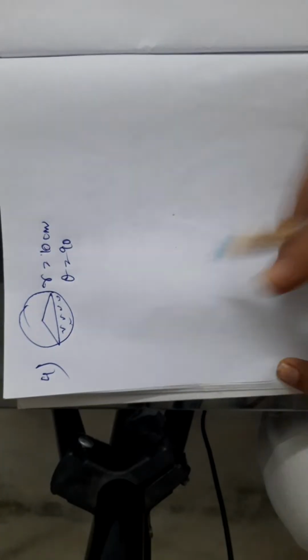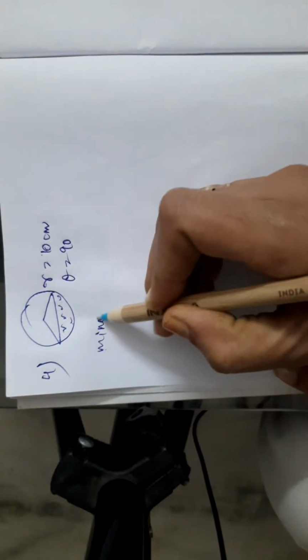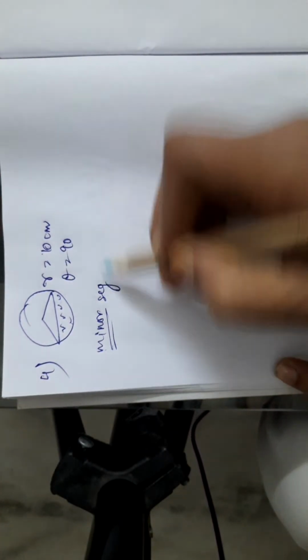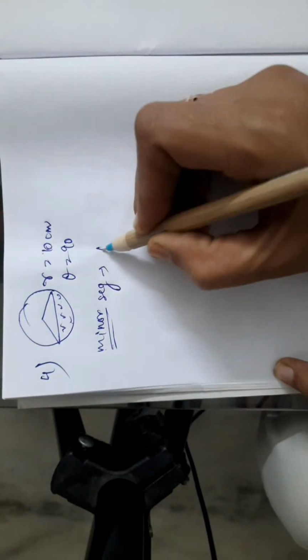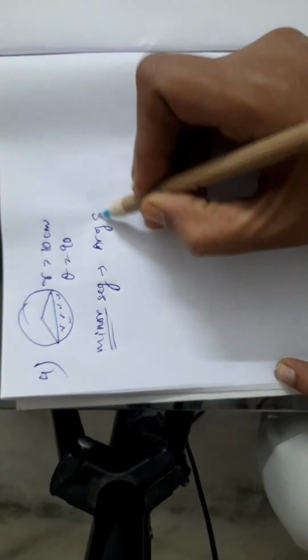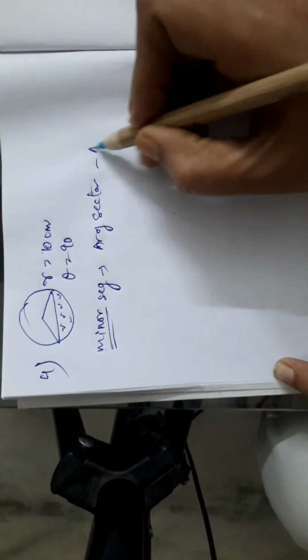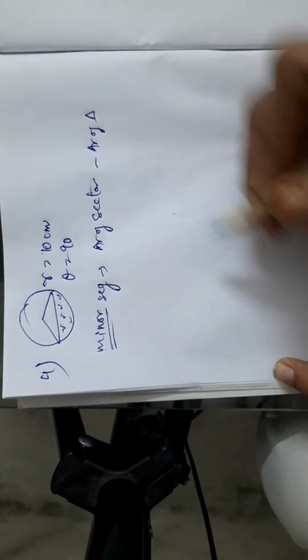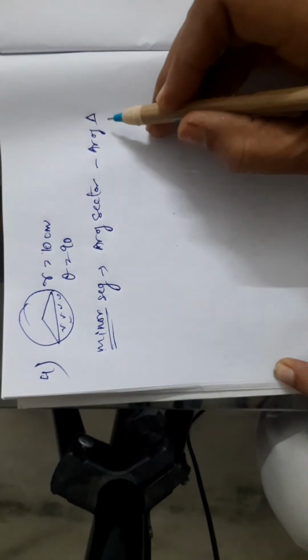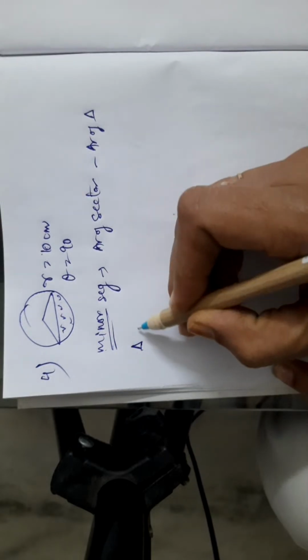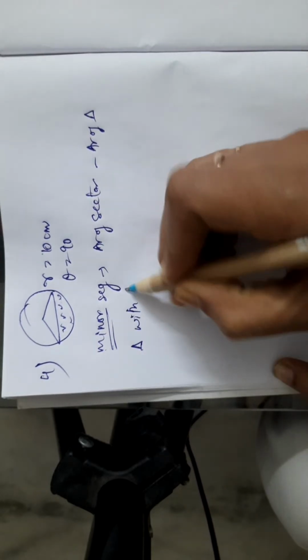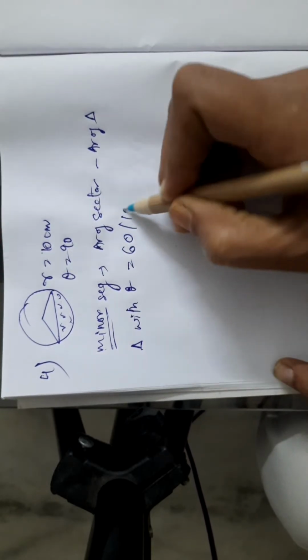So how to calculate the minor segment? If you recall, I already explained: for the minor segment, area of sector minus area of triangle is done. Here 3 kinds of triangles can be there. One, a triangle with theta 60 or 120.